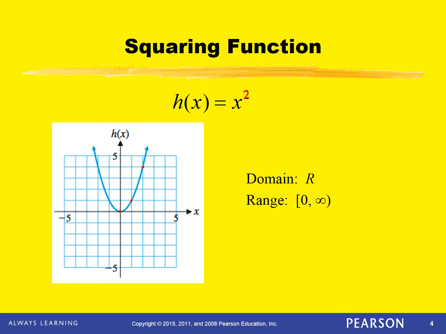The range, however, is not the set of all real numbers, because if you square a real number, you cannot get a negative. So the range is only the set of non-negative real numbers. This graph never extends below the x-axis. Everything is at or above the x-axis. That's the range, the set of real numbers at or above 0.